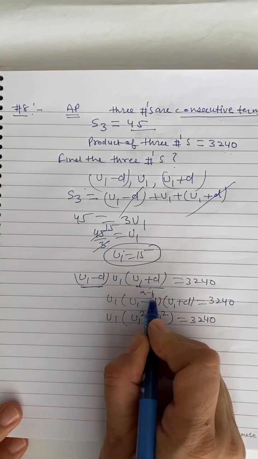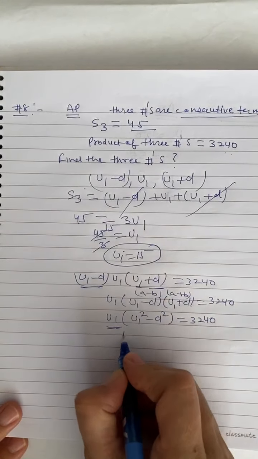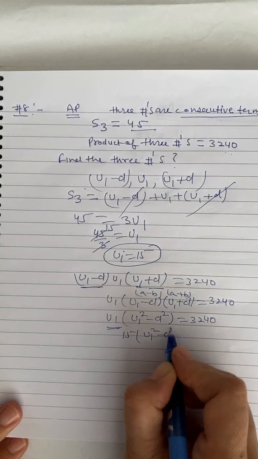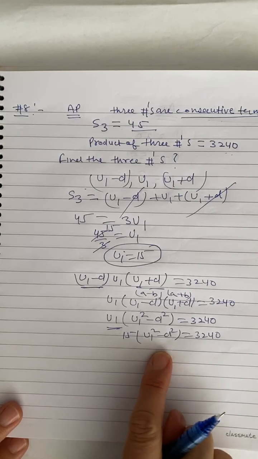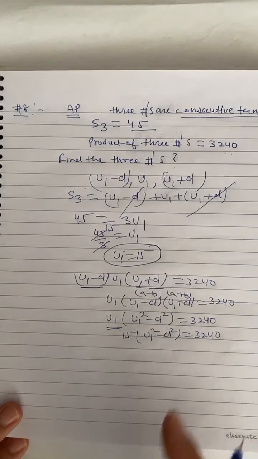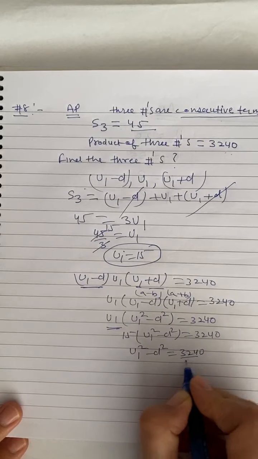This is a minus b and a plus b. Now u1 is already known, which is 15. Again, do not open the bracket here, because then you will complicate the steps.